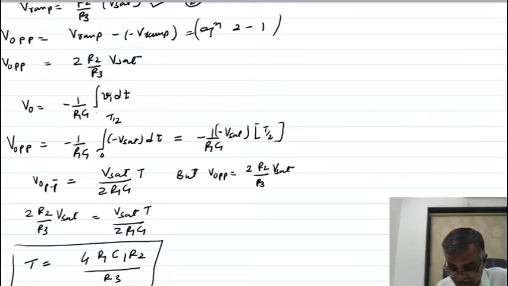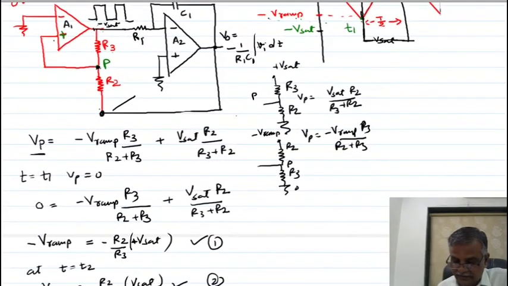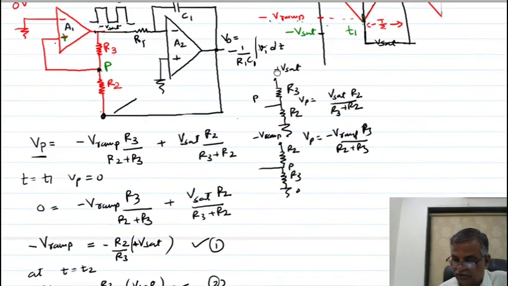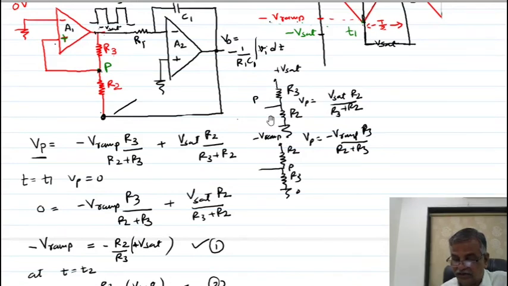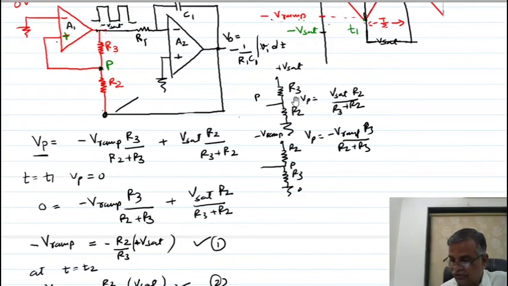Last time I was discussing your derivation. See, here I have written the potential at P using the superposition principle. In the superposition principle, here I have taken plus V set, and here I have taken 0. So this is the potential at the P point.